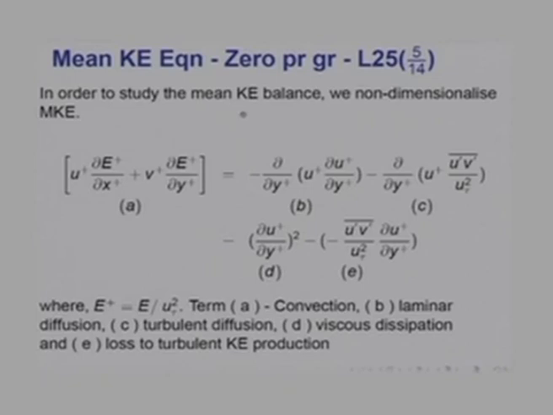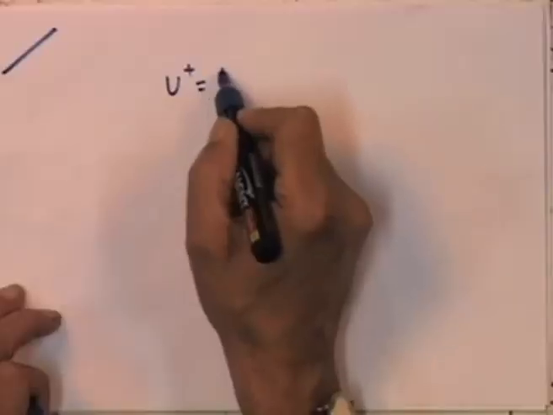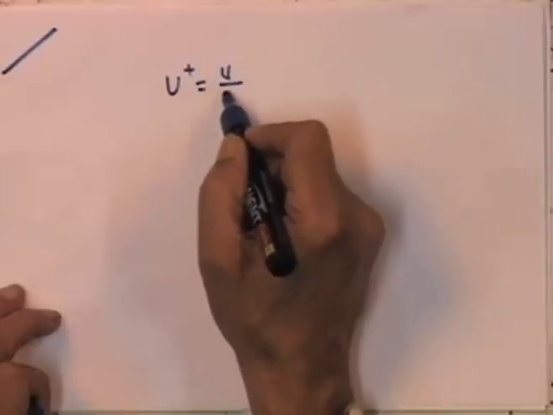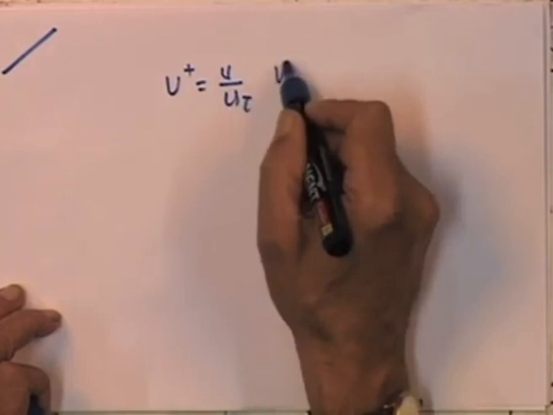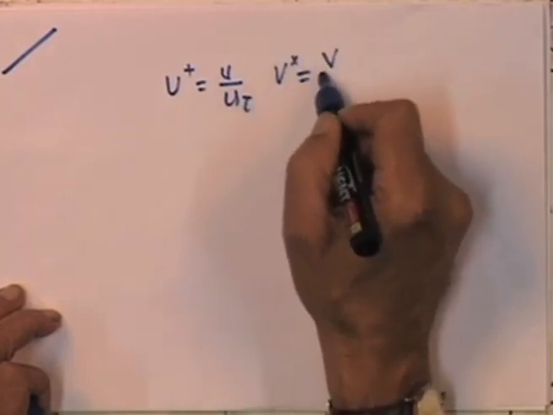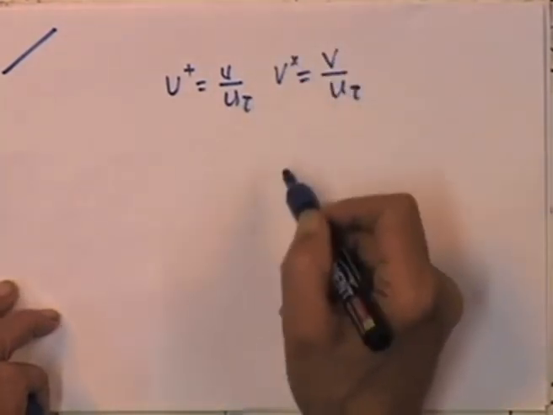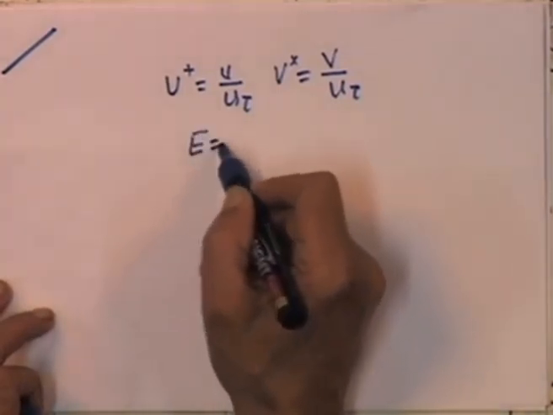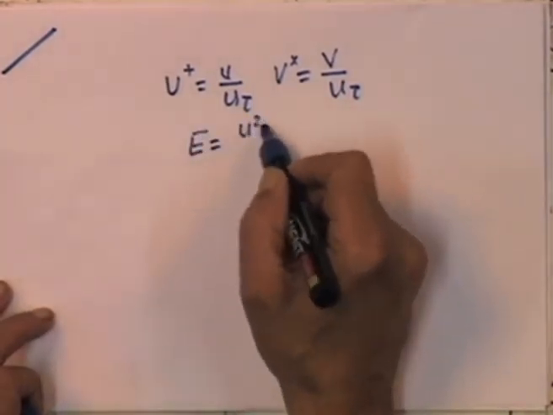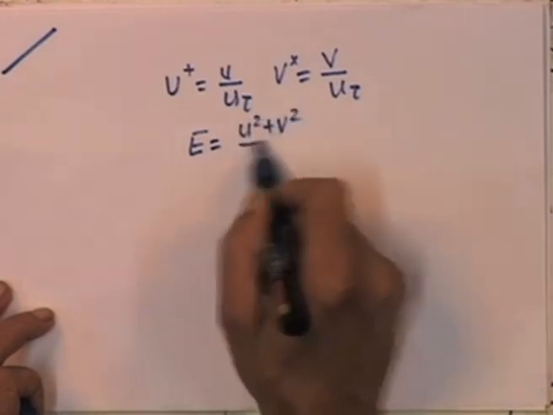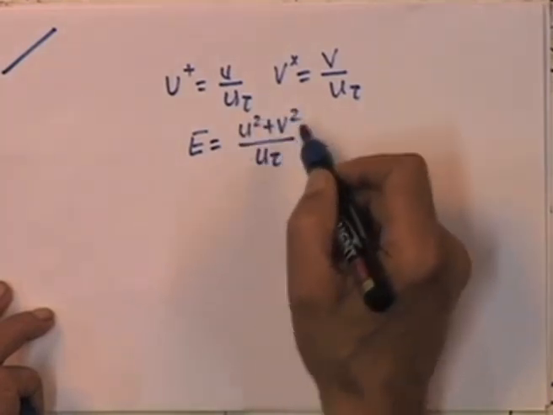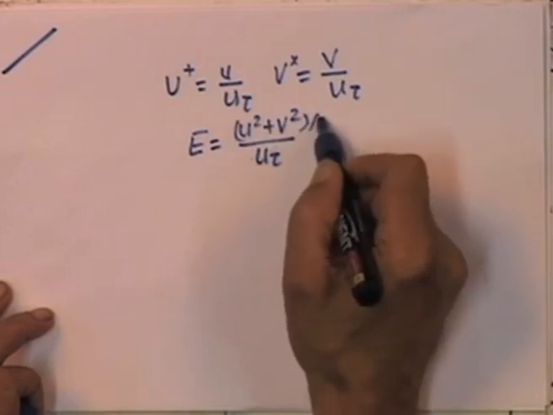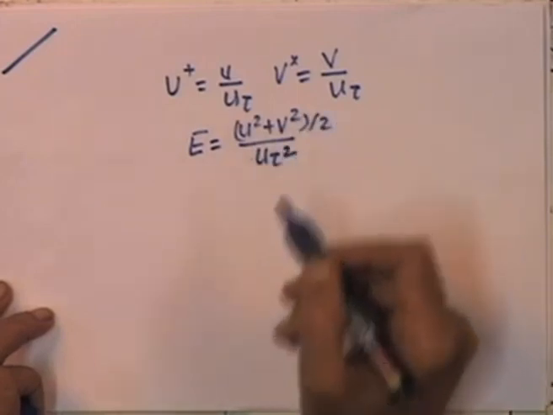Now, let us look at the mean kinetic energy equation for a boundary layer, and what I have done here is u and v have been normalized to u plus equal to u divided by u tau, and likewise v plus equal to v divided by u tau. Energy is likewise u squared plus v squared divided by 2 u tau squared.